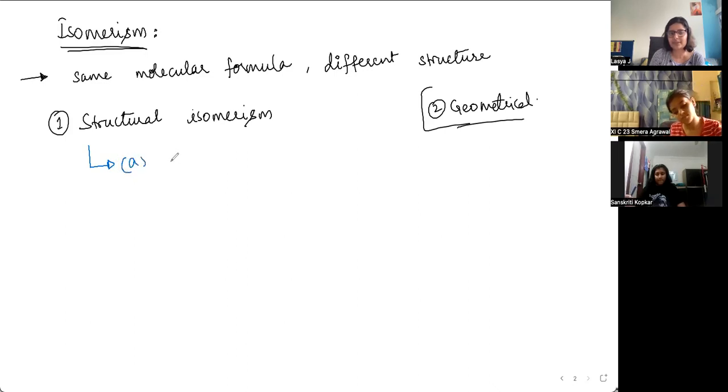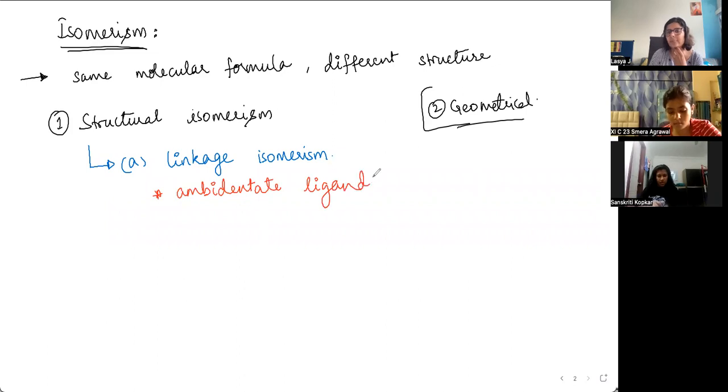Okay, so the first one is linkage isomerism. You'll find this sort of isomerism whenever you have an ambidentate ligand. Do you guys remember what an ambidentate ligand is? The one which has 2 donor atoms, but it shares with only one.